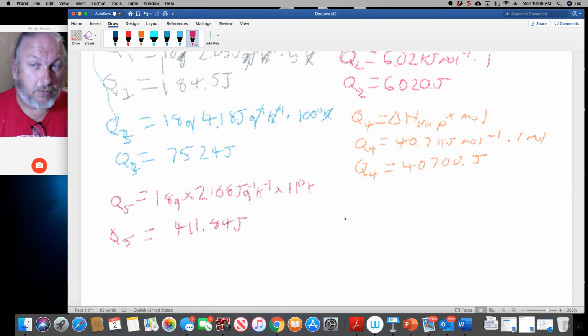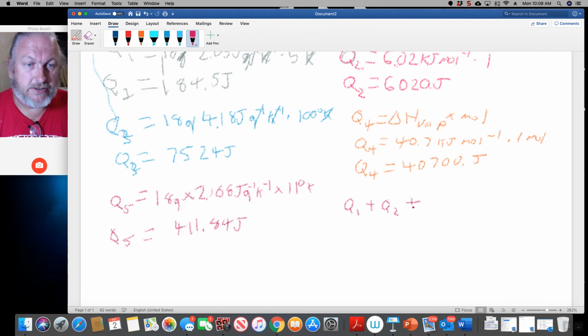So if I want to get my total energy, I'm going to take Q1 and add it to Q2, because Q1 is where it's increasing from -5 to 0. All right, and it's Q2, that's where it's melting.